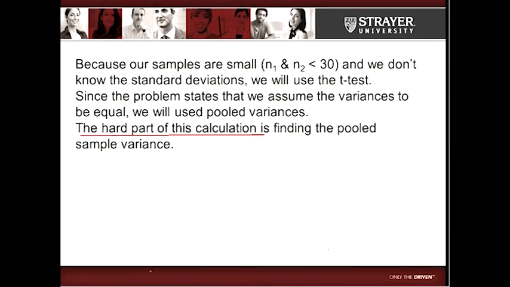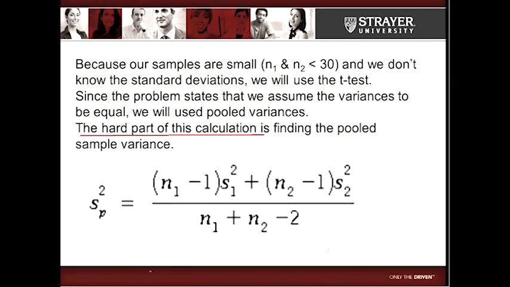The hard part of this calculation is finding your pooled sample variance. So here's the formula. See how there's a little p down here at the bottom? That is for a pooled sample variance. Variance is when we have the standard deviation squared. So it's important to note that this is a variance and it is a pooled variance. But all of these numbers are pretty familiar to you now.